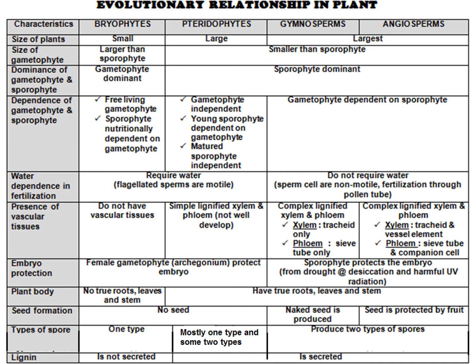They don't have true roots. They don't have true leaf. They don't have true stem. So they cannot grow higher. And then the female gametophyte will protect the embryo, not the sporophyte. And then they have no seed.